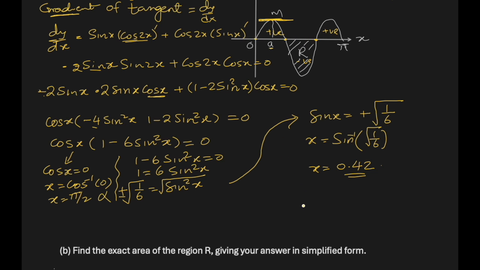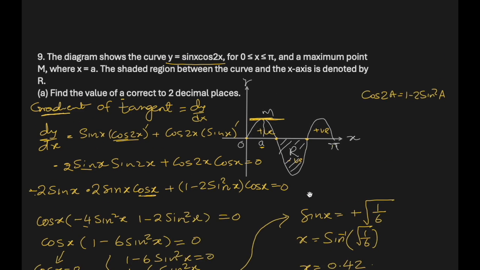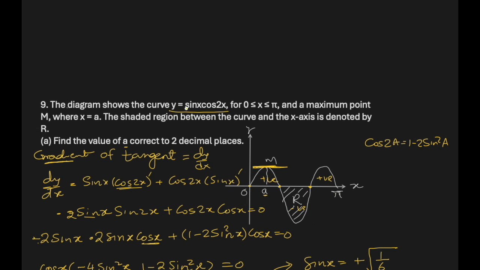For that, I need to make the main equation equal to 0. Let me do it here. This sine x cos 2x equal to 0. So this gives me sine x equal to 0 or cos 2x equal to 0. This gives me x equal to sine inverse 0, which is 0.